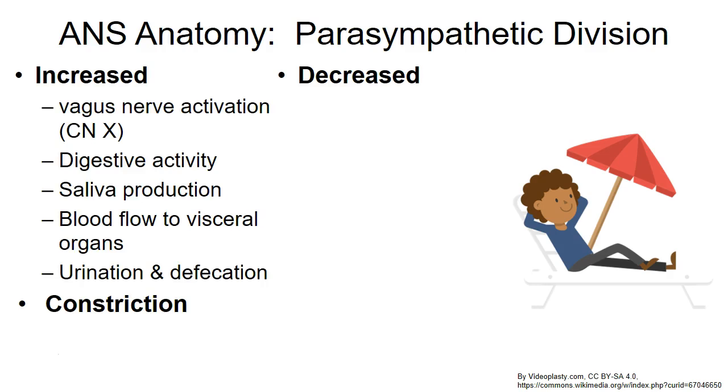So here, urination and defecation, saliva production, digestion activity. Not surprisingly, in order to do a lot of the digestion and then the absorption of those nutrients, you need blood flow to the gastrointestinal tract and a lot of visceral organs. Now, if you remember cranial nerve number 10, the vagus nerve, it's a major parasympathetic nerve.